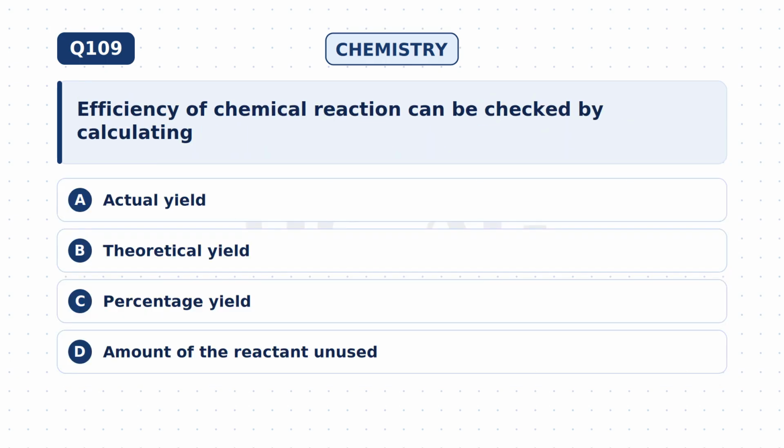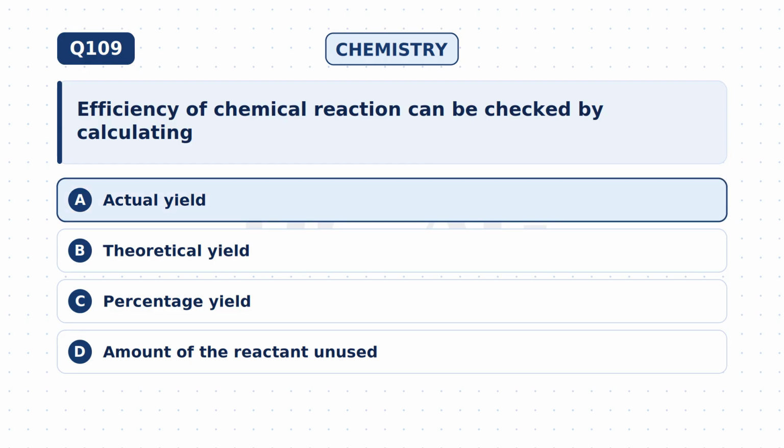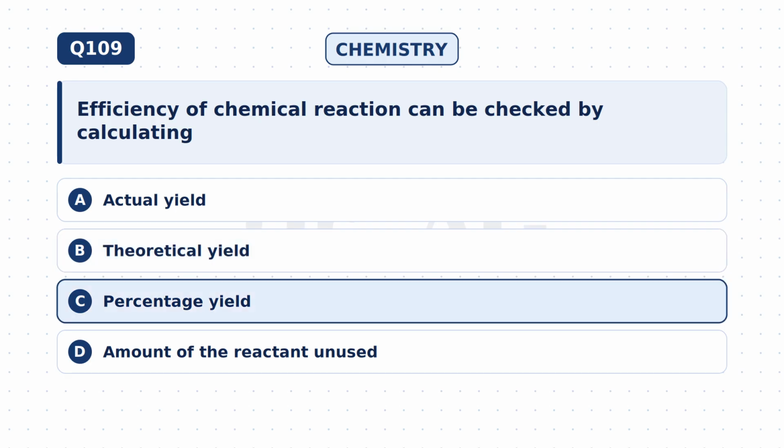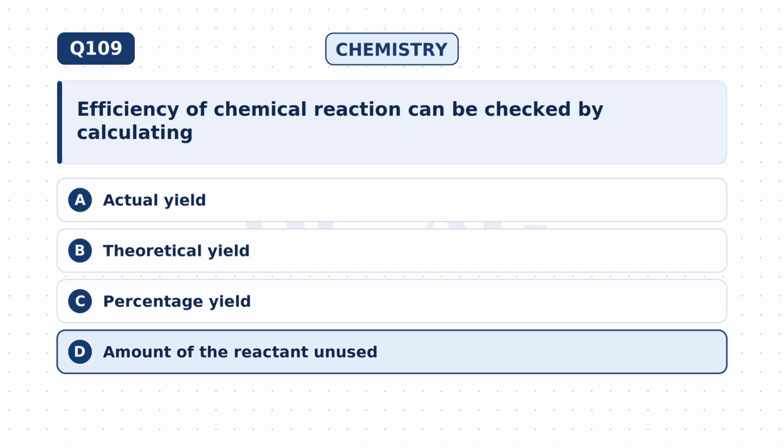86.87%. Question 109. Efficiency of chemical reaction can be checked by calculating. Option A, actual yield. Option B, theoretical yield. Option C, percentage yield. Option D, amount of the reactant unused.